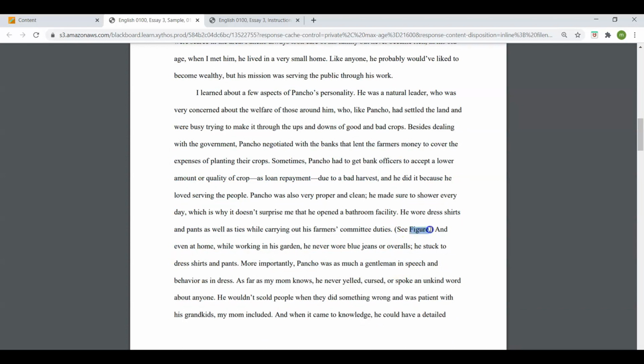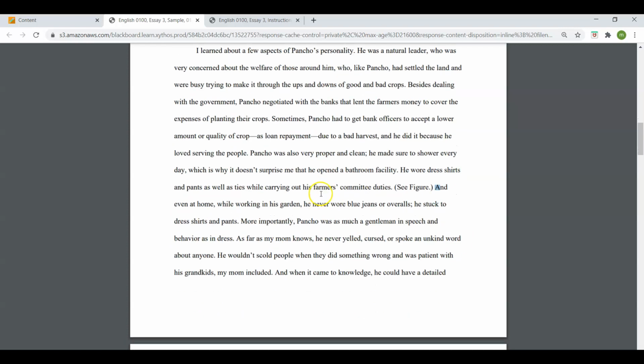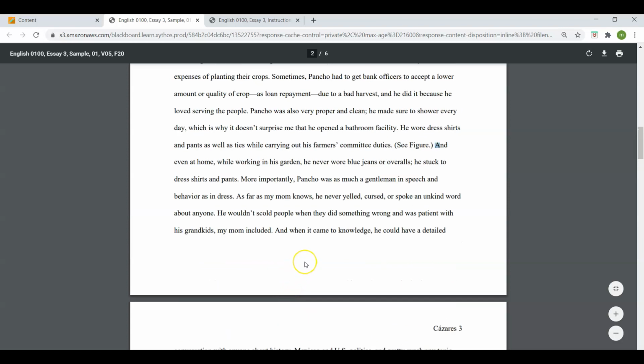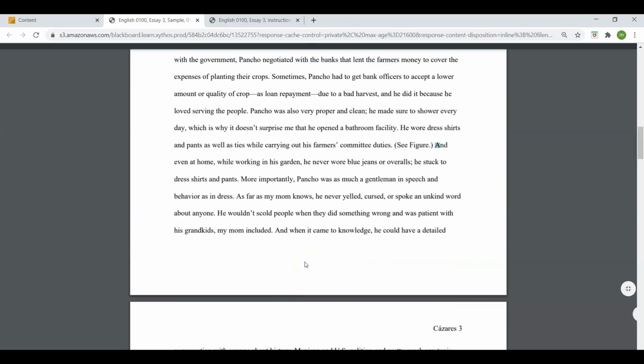Figure means some kind of photo, some kind of chart, some kind of graph, some kind of something visual besides words. And so here's what I didn't do. You can tell that I didn't do it. I didn't put the picture right here in the paragraph. That's a big mess. Don't do that. Do not type your sentences, then stick a paragraph here and then continue the paragraph. You will probably do it wrong. Okay?